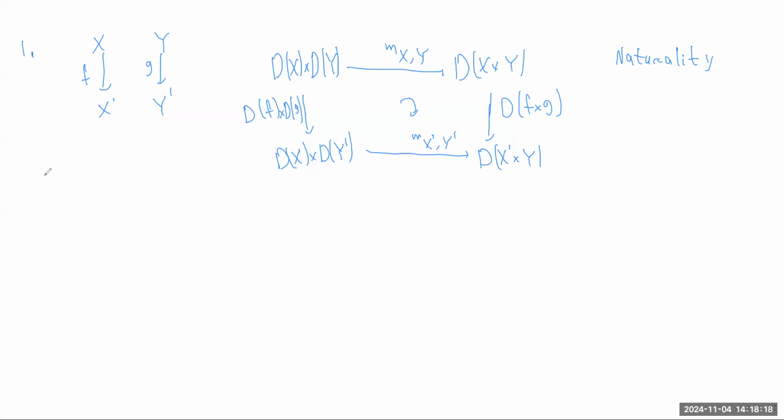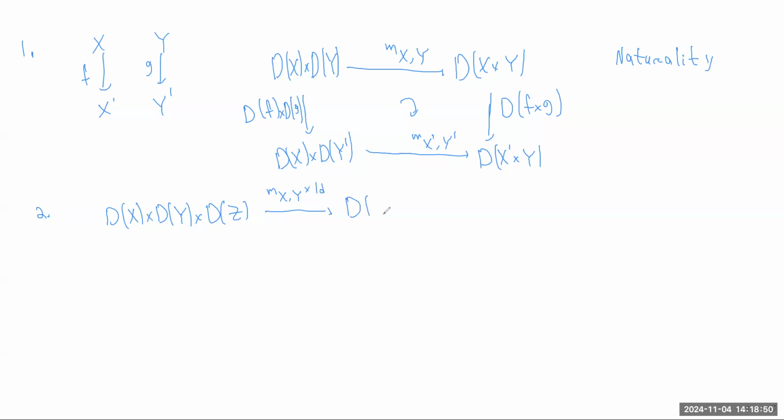The other property, I will write it now, and then what this good property helps us to do. First of all, let me write the properties. The other property is that this multiplication is associative. In that sense, if we have DX, DY, DZ, first we can apply m of X, Y and only the identity on DZ.